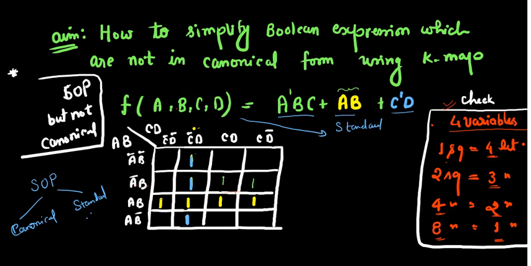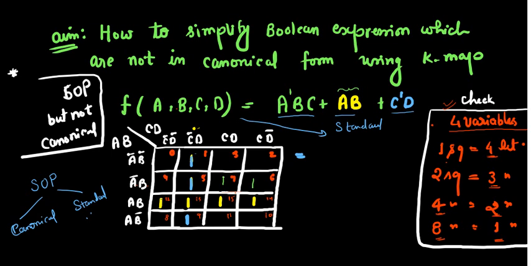So we can see that this SOP in standard form is nothing but the min terms, numbered 0, 1, 2, 3, 4, 5, 6, 7, 8, 9, 10, 11, 12, 13, 14, 15.